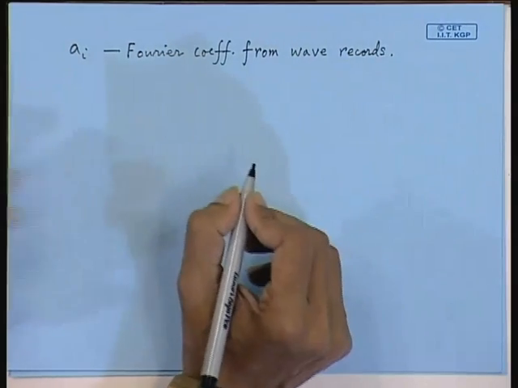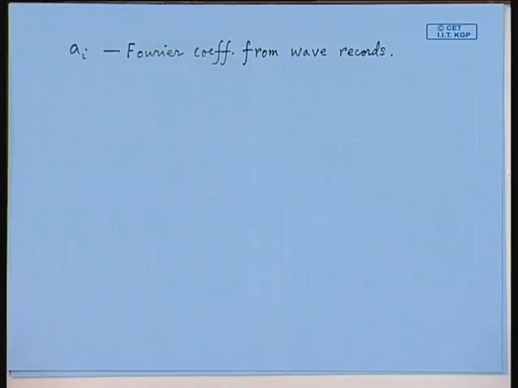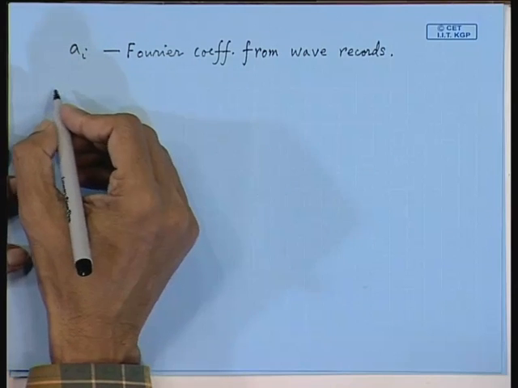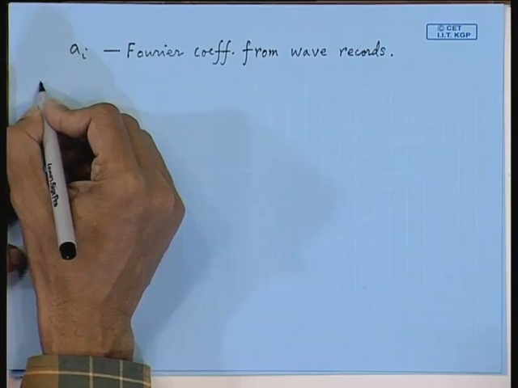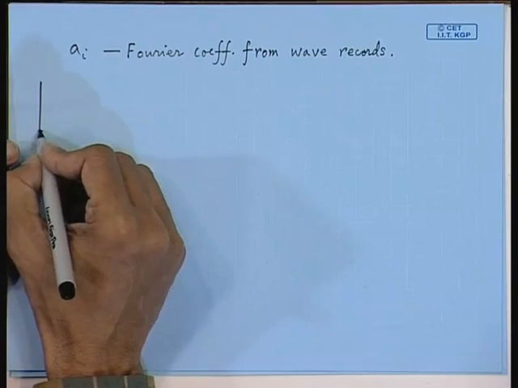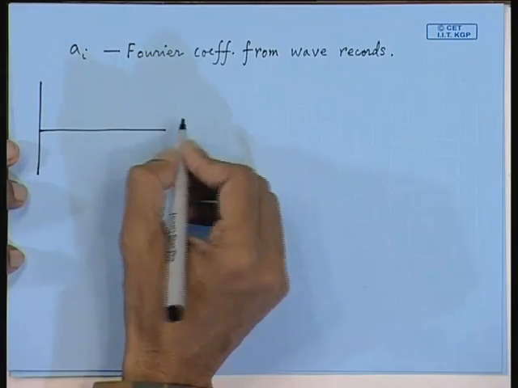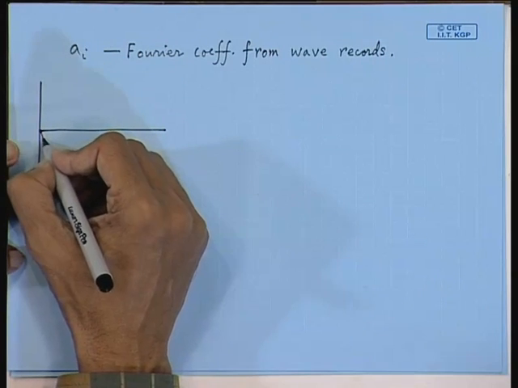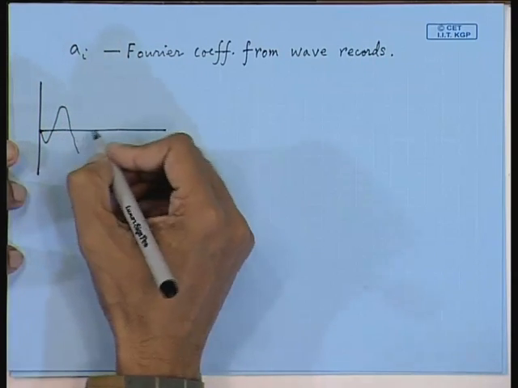Now, the interesting part in the analysis, you will find that you will get this kind of variation in the amplitude. So, this is the fundamental wave record that we have got. So, this is a random surface elevation. So, we are getting something like this.